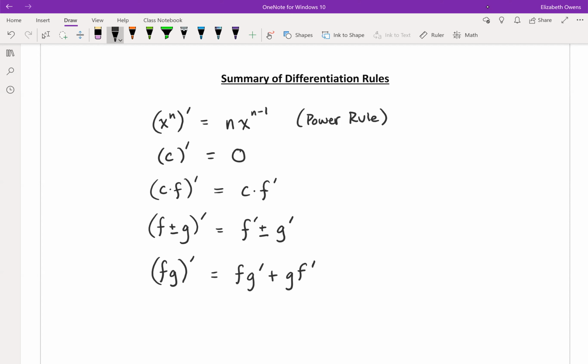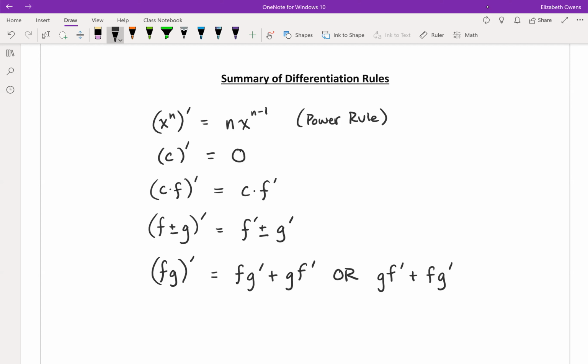So f g prime plus g f prime. Or you can also write those terms in the opposite order, just to make that very clear. Since this is addition in the middle, the order of those terms can be switched around. You can write this as g f prime plus f g prime.